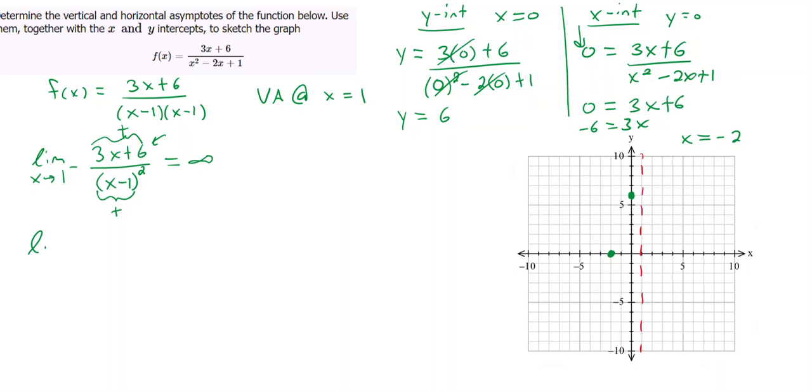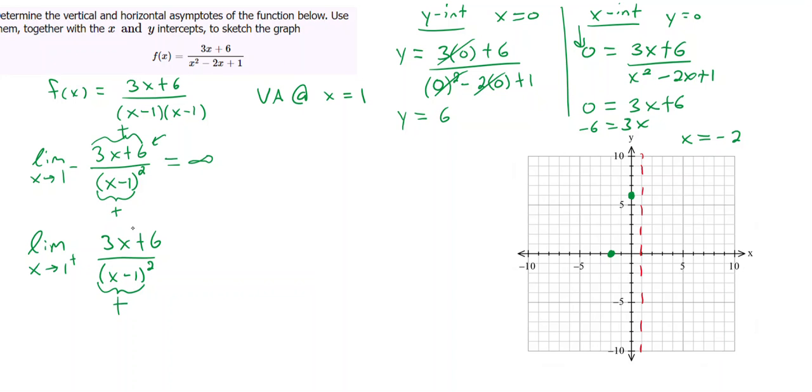All right, so now let's go from the other side. We'll say the limit as x approaches 1 from the right of 3x plus 6 over x minus 1 squared. We already decided that the denominator here is going to be positive no matter what, and very, very close to 0.